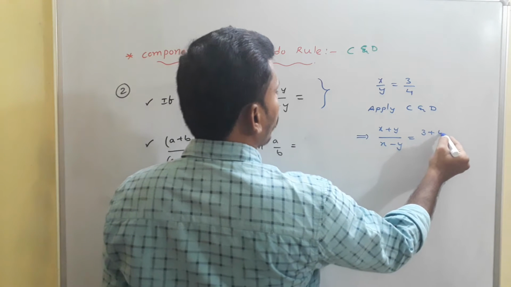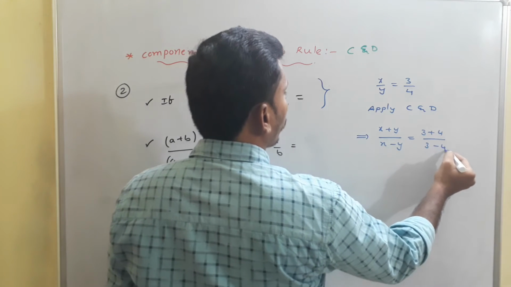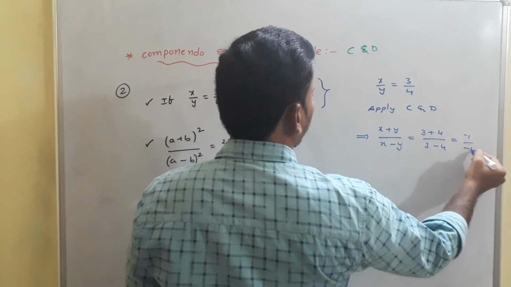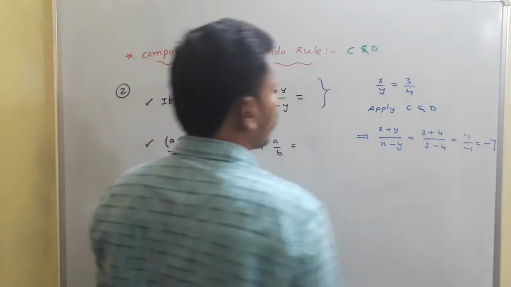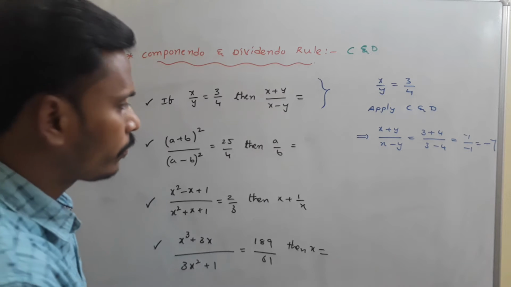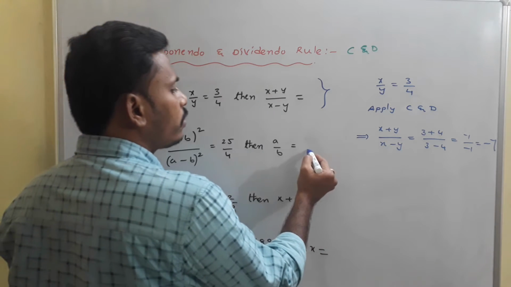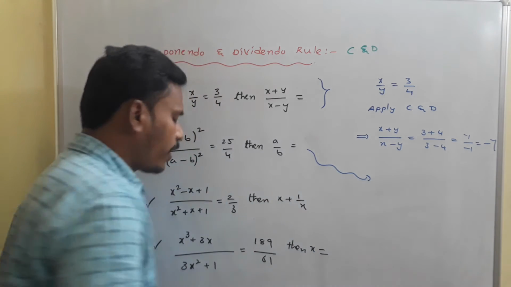Here again, numerator plus denominator by numerator minus denominator, and in a single line, your answer is -7. Right? And then just try to solve the second problem.